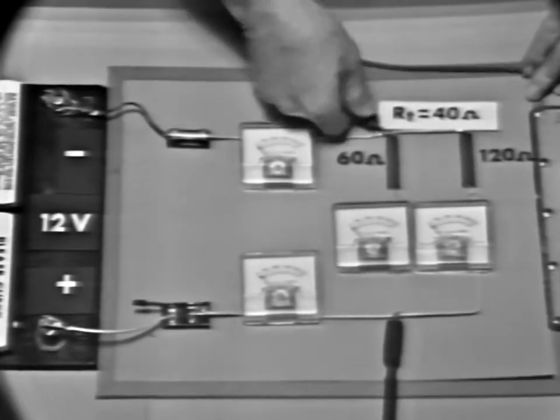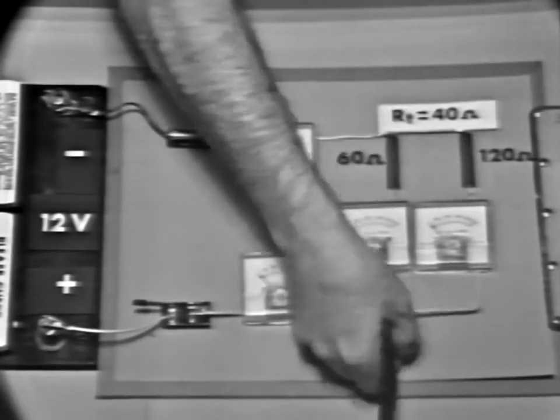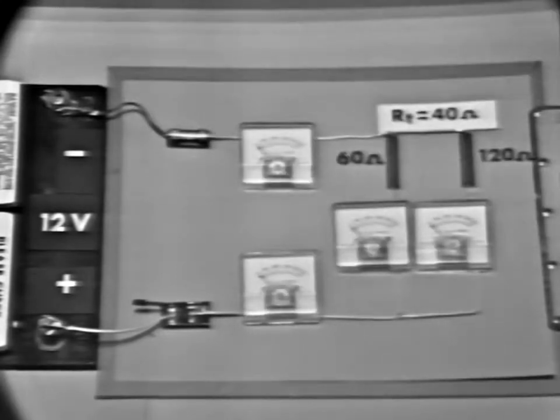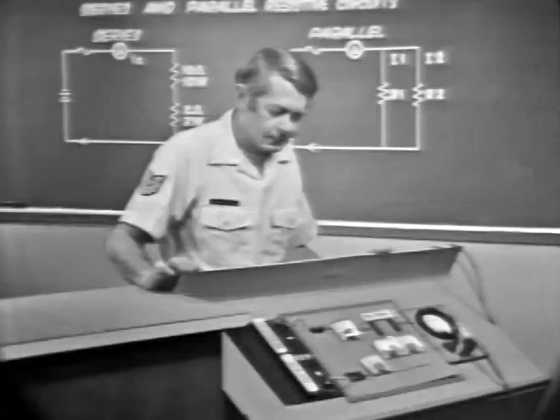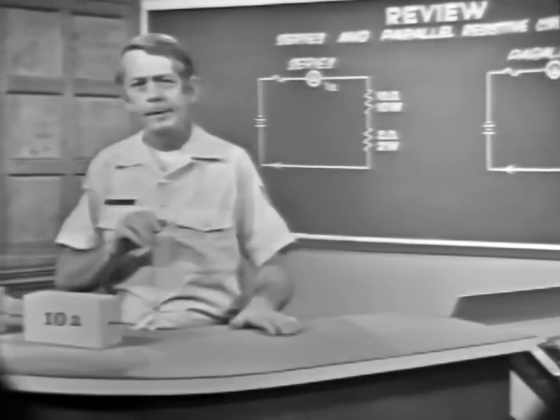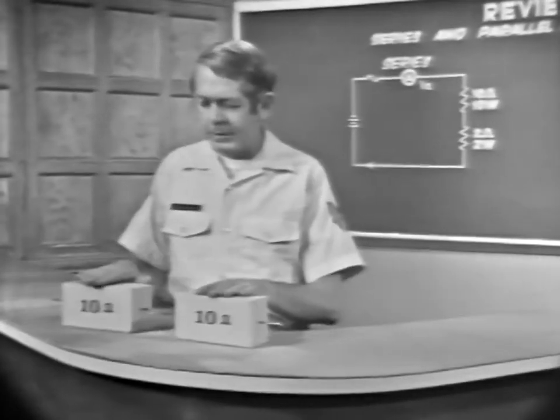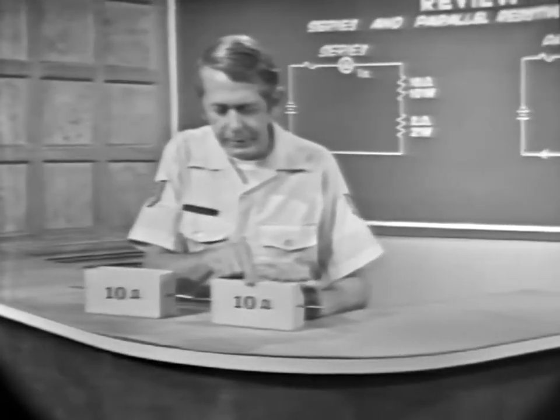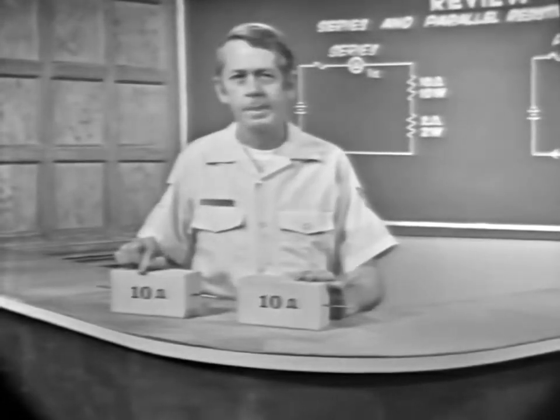Total resistance is smaller than either of the branch resistances. But why? I have a simple demonstration that should show why. Suppose that these two blocks are carbon resistors, each representing 10 ohms.